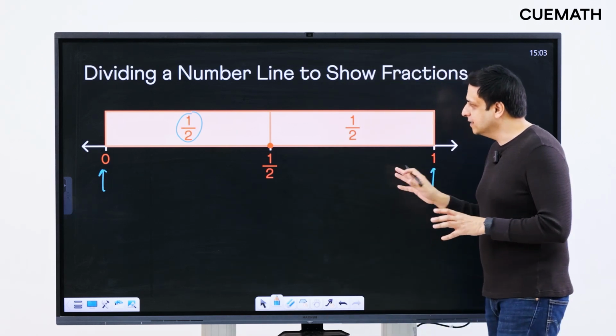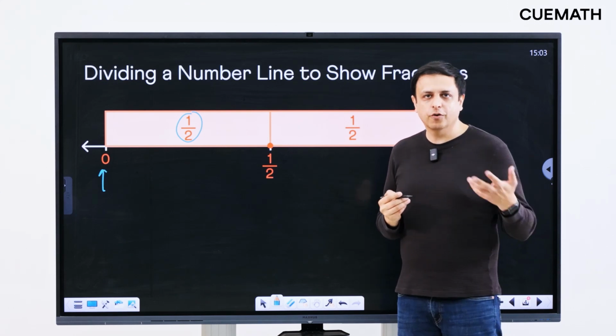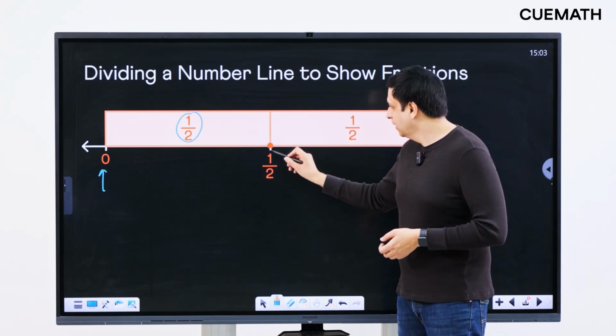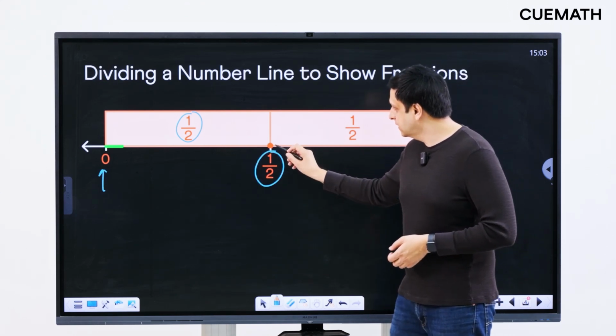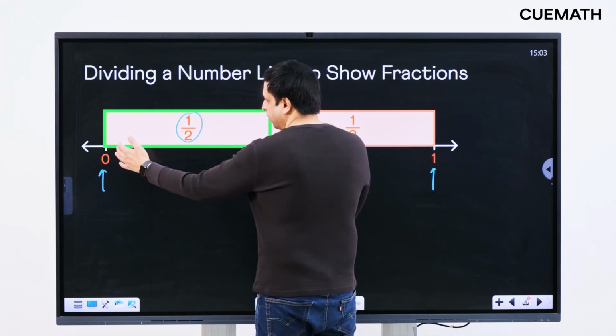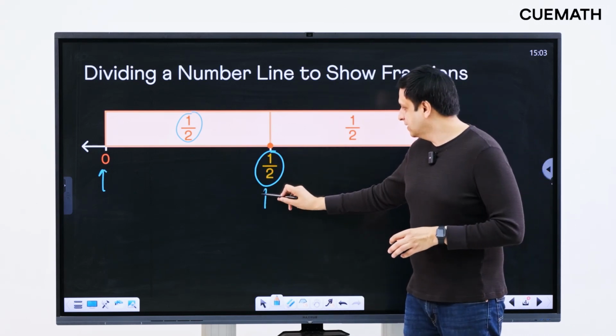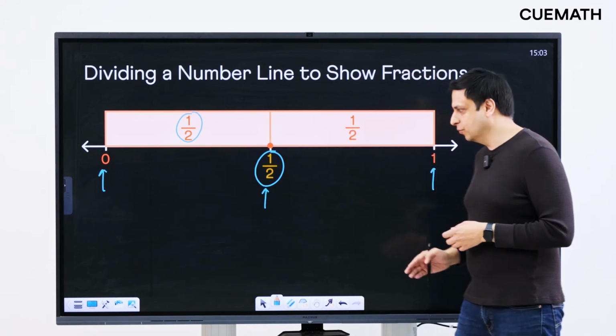Now the idea is that this point here on the number line should therefore represent the fraction 1 over 2, because the distance of this point from 0 is covered by one of the two equal parts of the bar. So that's it. This point is the point 1 over 2.